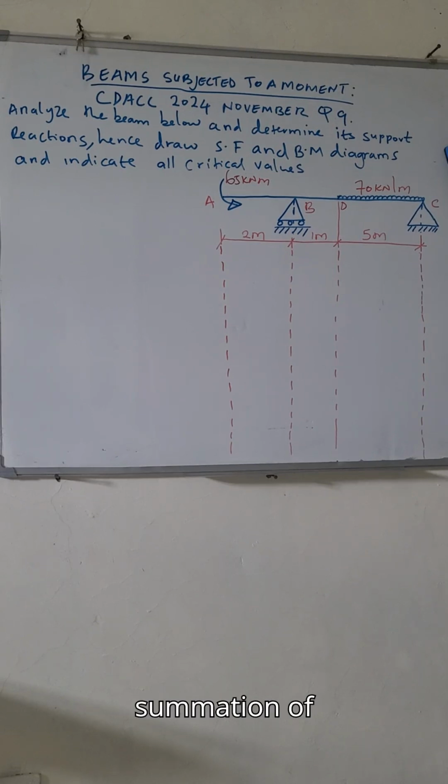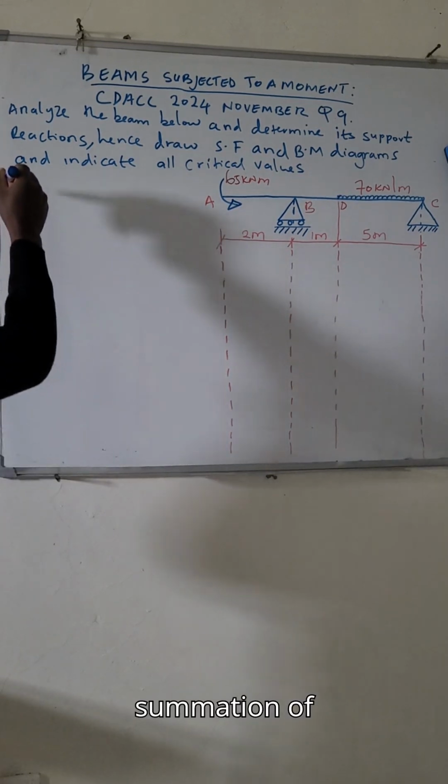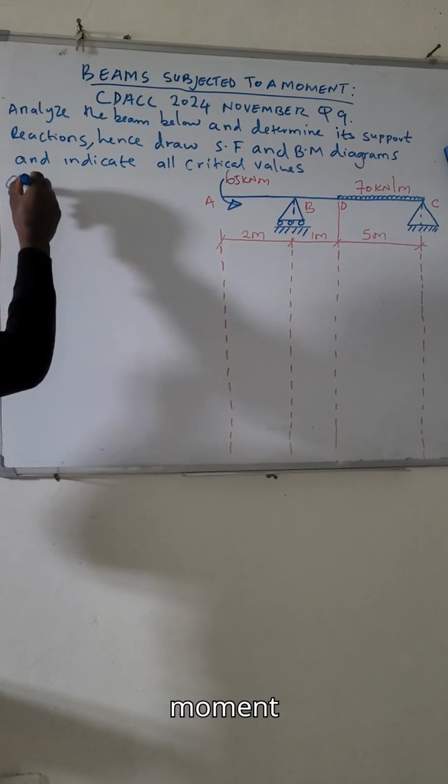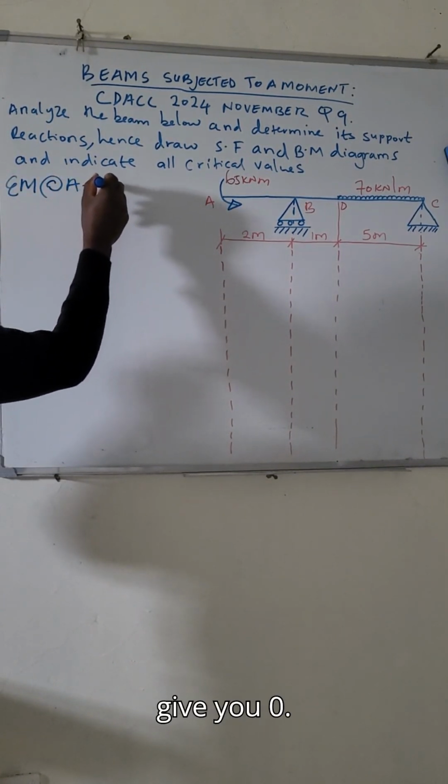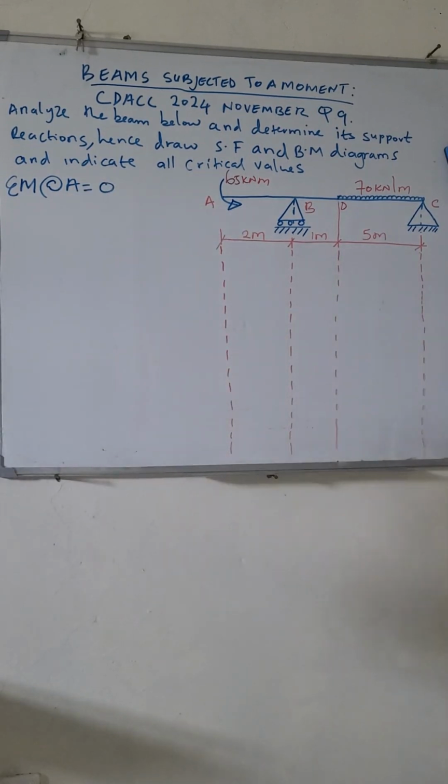And the summation of vertical forces should also give you 0. So let's begin by summing moment about a point.